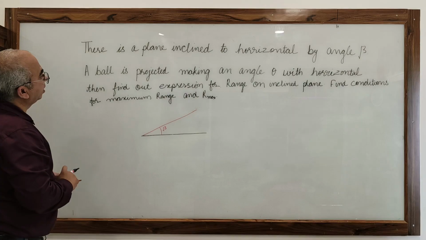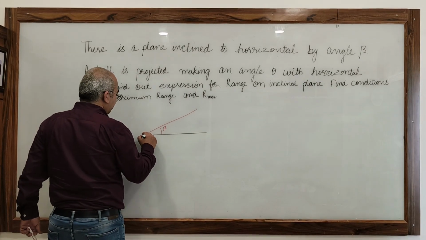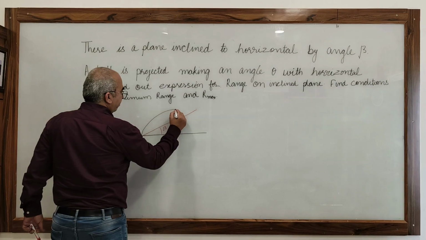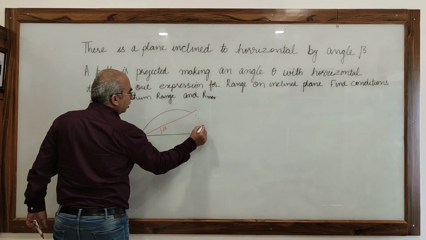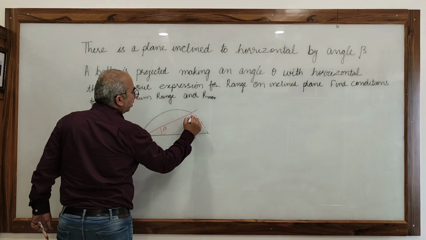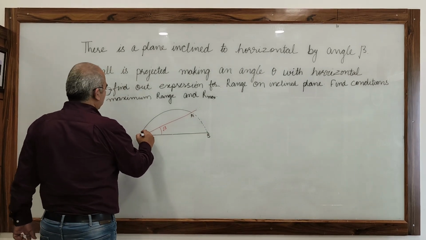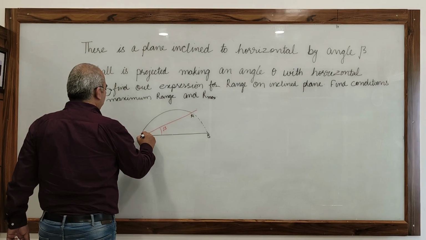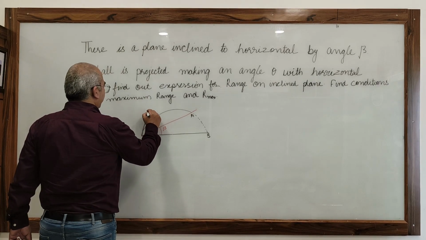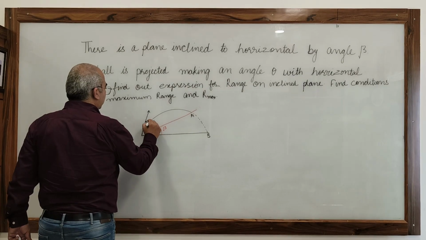A ball is projected making an angle theta with this horizontal, and obviously the ball will fall at point A instead of B. So it is making an angle theta with the horizontal. This angle is theta.